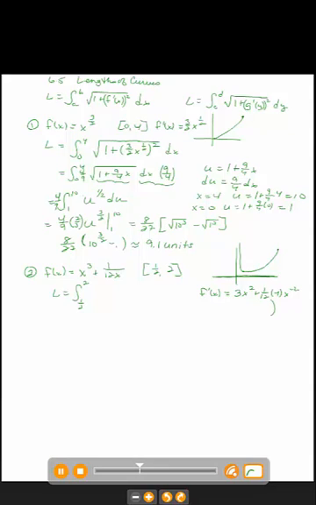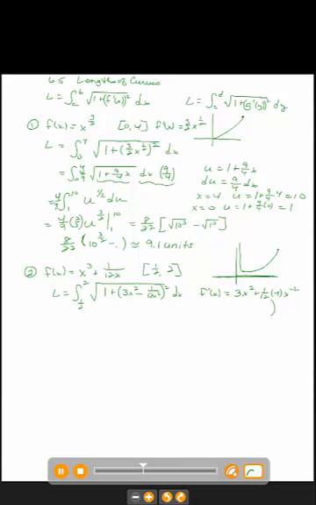So here in my square root, I have 1 plus, oh, this is going to be a lovely mess, 3x squared minus 1 over 12x squared, quantity squared, dx.